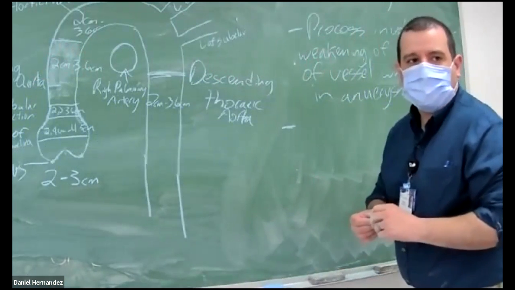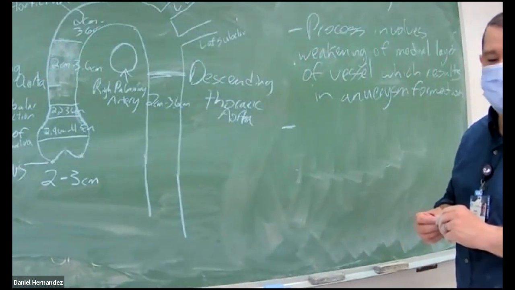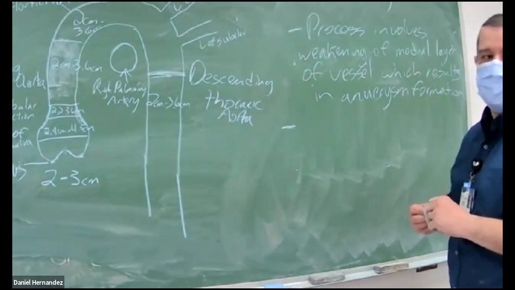Like Morgan was saying, the connective tissue diseases are going to be our Marfan syndrome and our Ehlers-Danlos syndrome.